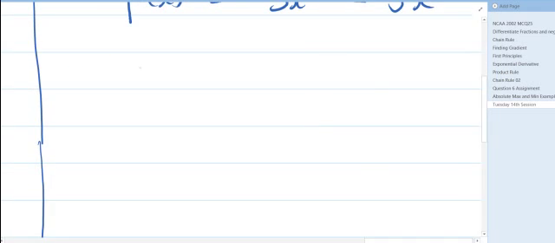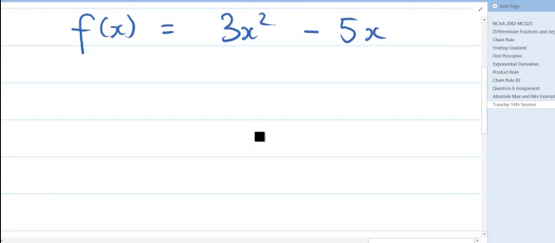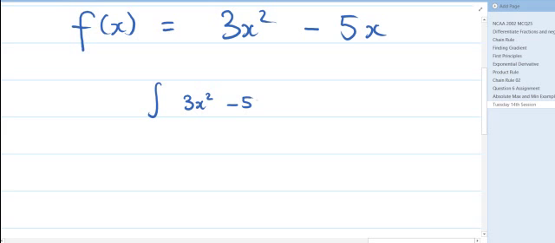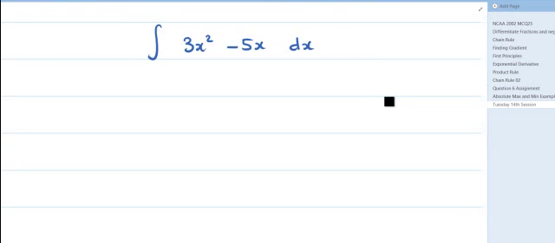Okay? So let's see. The antiderivative of 3x squared minus 5x dx. This is the same thing as writing, and you can do it individually. Just like with the power rule you can differentiate individually, in antiderivatives you can also antidifferentiate individually.